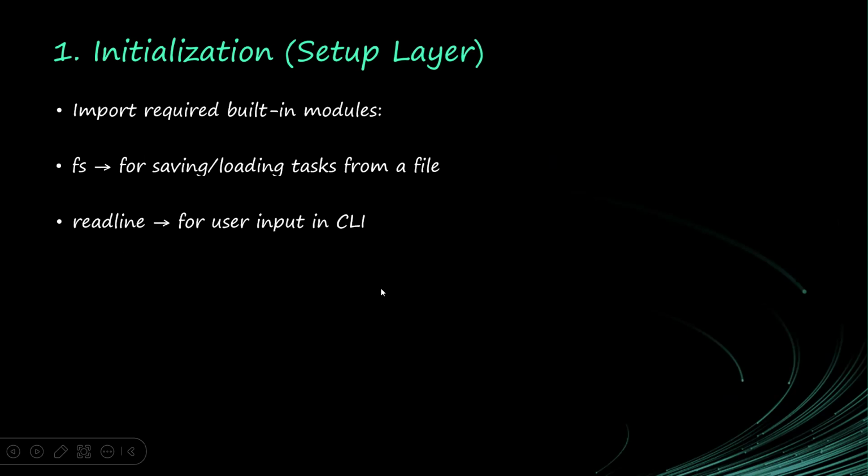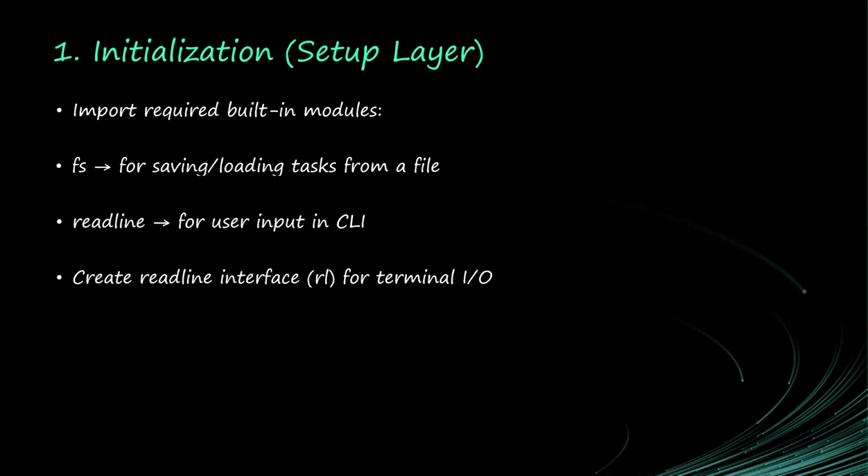I chose not to use any library apart from the modules in Node.js. There are a couple of other modules that we can also use, but I want it to be very naked and very raw. We all need to learn. Once we import the required modules, the FS and the readline, we will create the readline interface for terminal IO.